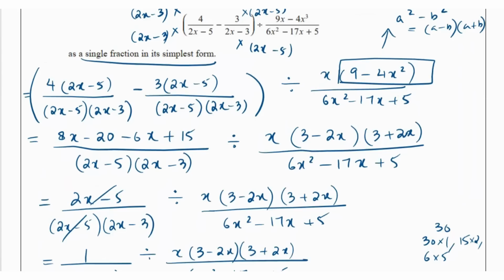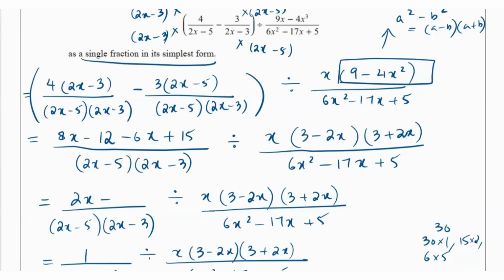Oh, that's a 3. Wait. Sorry, this is a 3. So that's going to be 12, which is going to leave us with a 3 over here. So this doesn't get cancelled out.